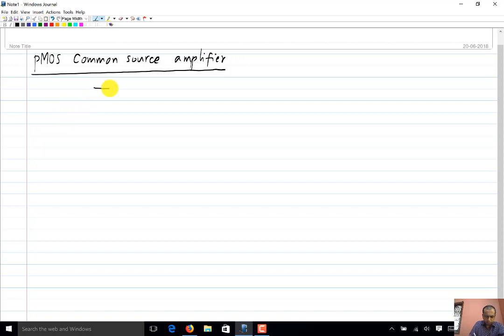Now, this is what a PMOS common source amplifier looks like.